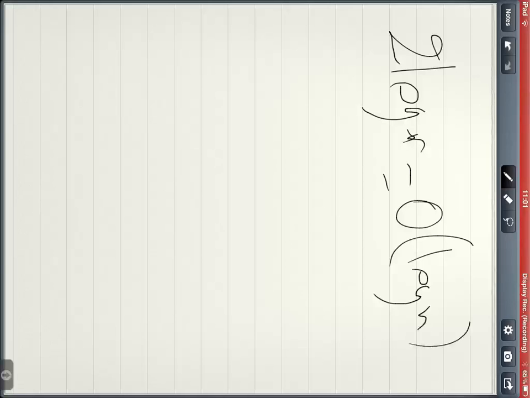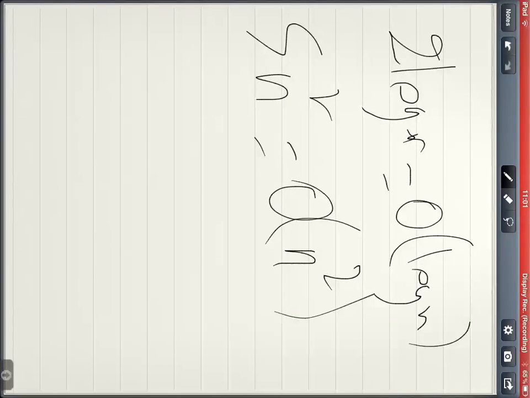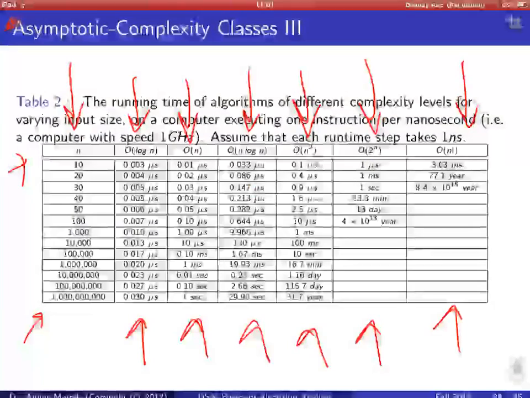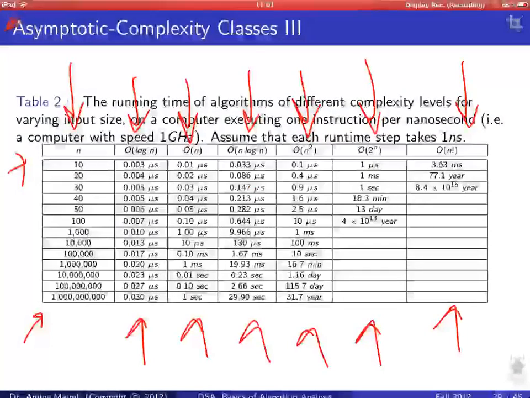I can have a function 5n squared that will still be big O of n squared, okay? In this table, I'm just assuming that this function here, which is big O of log n, is actually exactly f of n equals log n, okay? Just for the sake of this example.